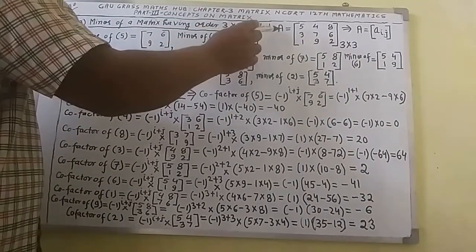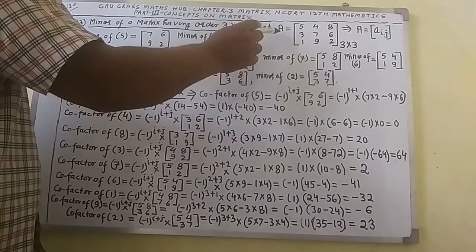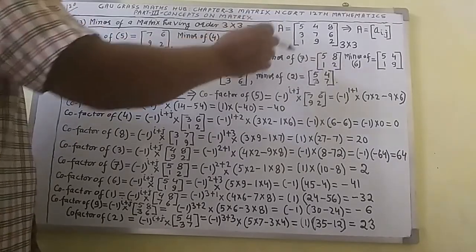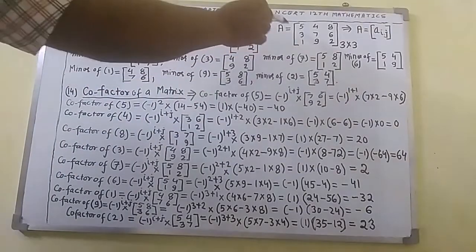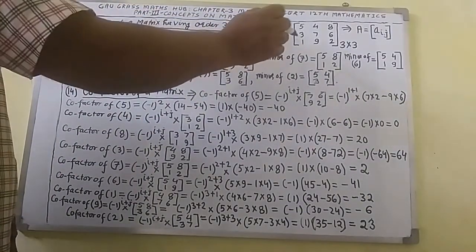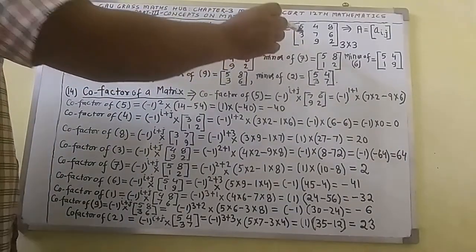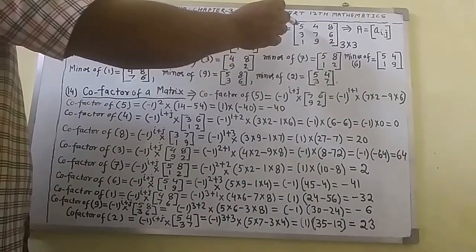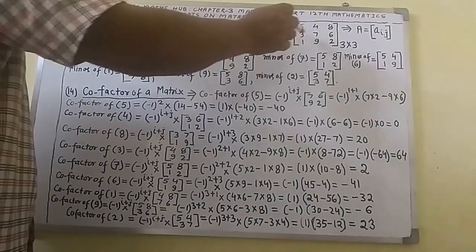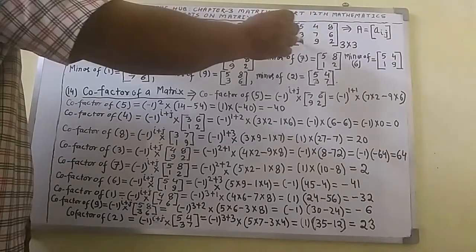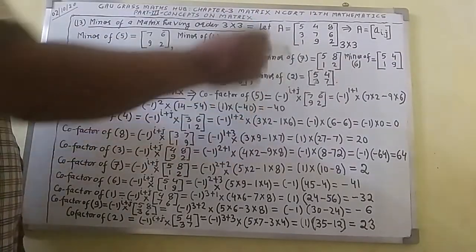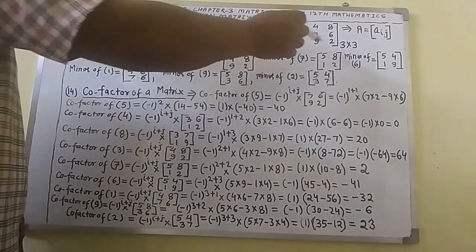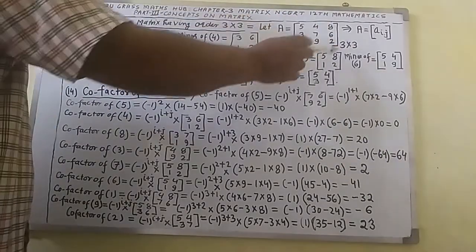Let capital A be a matrix equal to, open square bracket, the elements of matrix A are 5, 4, 8, 3, 7, 6, 1, 9, 2.